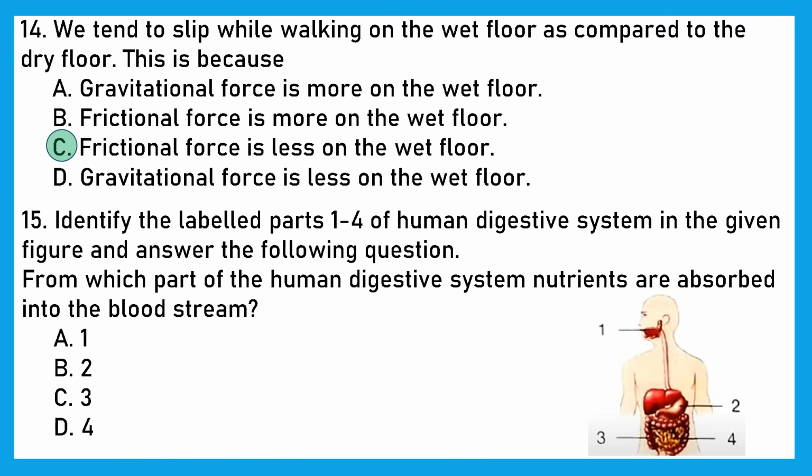Question 15. Identify the labeled parts 1 to 4 of the human digestive system in the given figure and answer the following question. From which part of the human digestive system are nutrients absorbed into the bloodstream? Irrespective of looking at the figure, do you know which human body part that is?